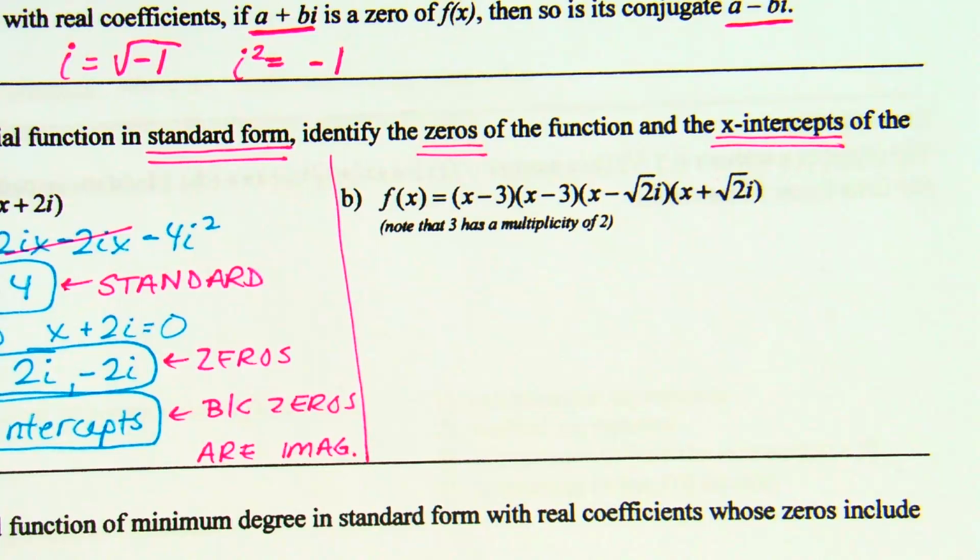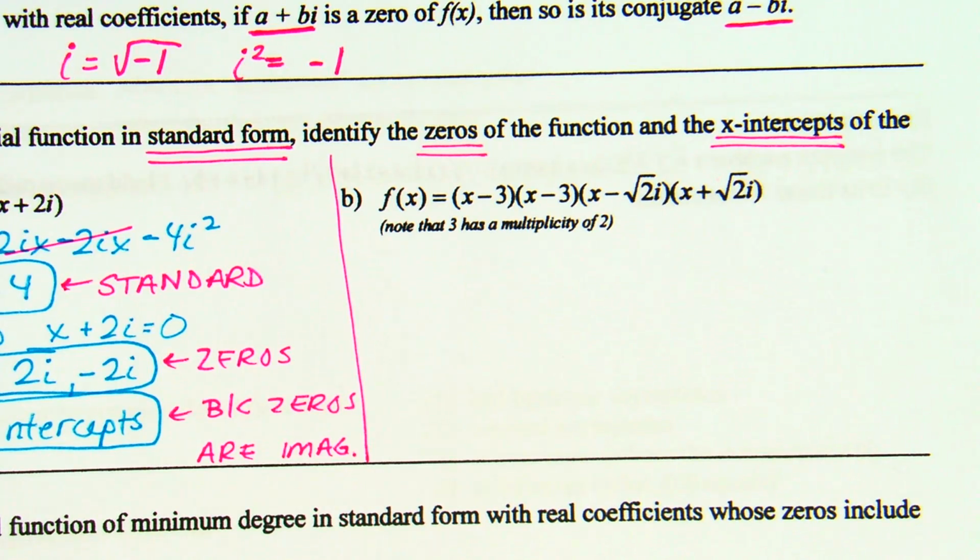Do you guys remember what happens with a multiplicity of 2? It touches, it doesn't cross. It's still going to be a zero because it's going to come down and touch at the x-axis at 3, but it's not actually going to cross. So it still counts as a zero, it just touches instead of crosses. And that will represent 2 of our 4 answers.